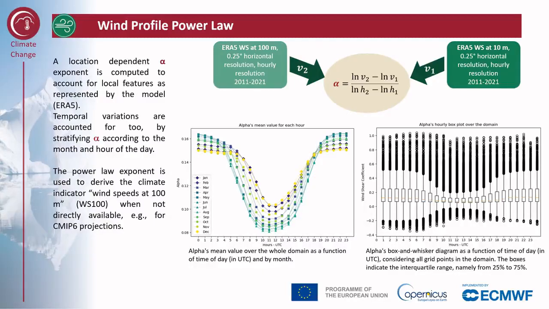The interquartile range highlights the typical variability, while the whiskers capture extreme values. This calculation of alpha allows us to derive wind speeds at 100 meters, even when direct measurements are not available, such as in CMIP6 projections. This makes it an essential tool for climate and energy applications.